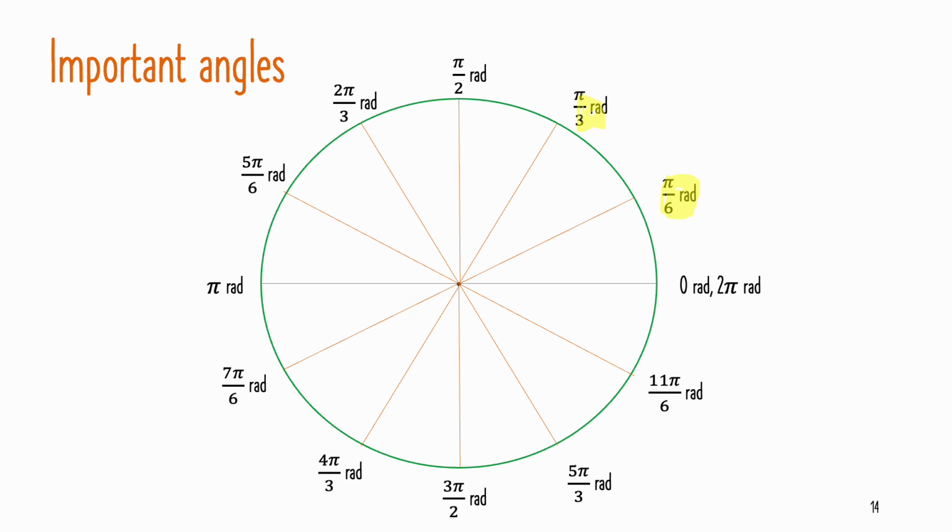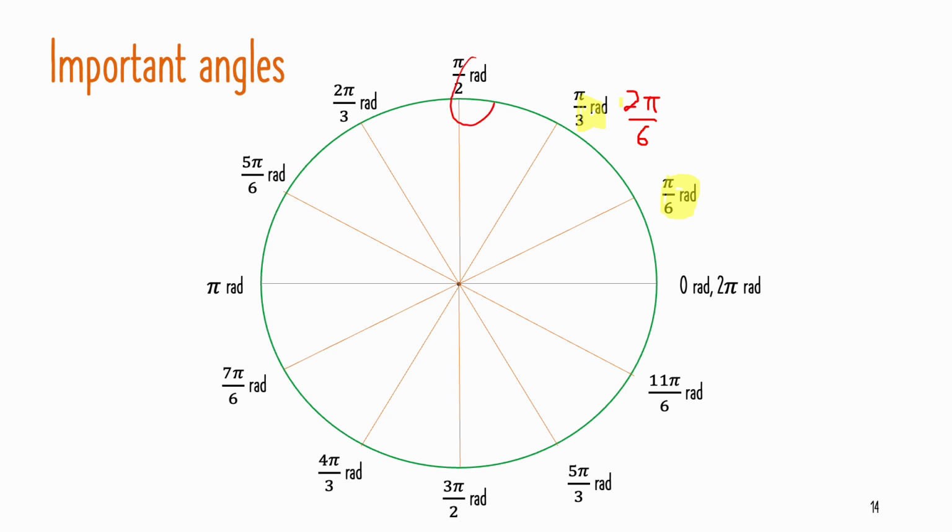Add another pi by 6, and of course we are simplifying it. So this one would be pi by 6 plus pi by 6, you get 2 pi by 6 here, right? This pen is really slow, so bear with me. There we go. And that gives us pi by 3, right?